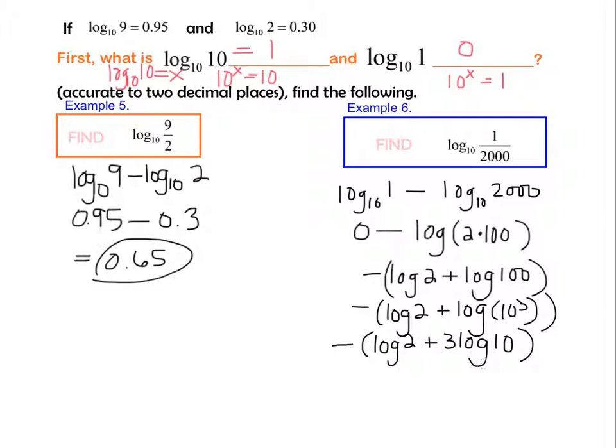Log base 10 of 10 we know is 1. So we can just plug that in. So we have minus, log of 2 is 0.3, plus 3 times log base 10 of 10, which is 1. So I have on the inside there 3 plus 0.3, but then times that negative. So the answer is negative 3.3.